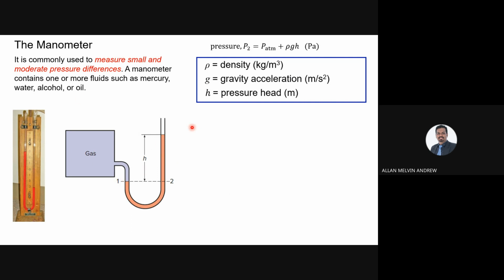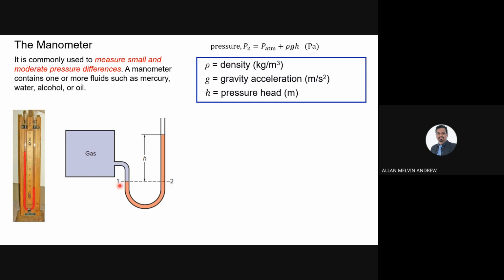Here is how the measurement is taken. We know that pressure will be the same at the same height. If there are different materials or different types of liquid, you need to consider the density as well.